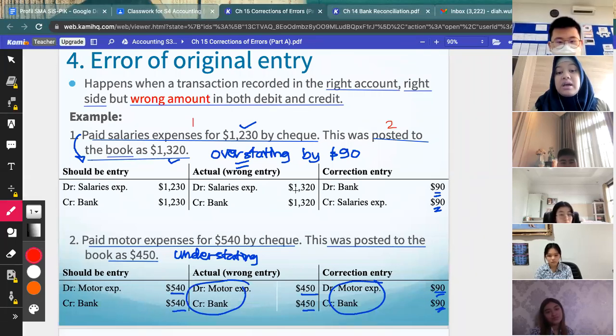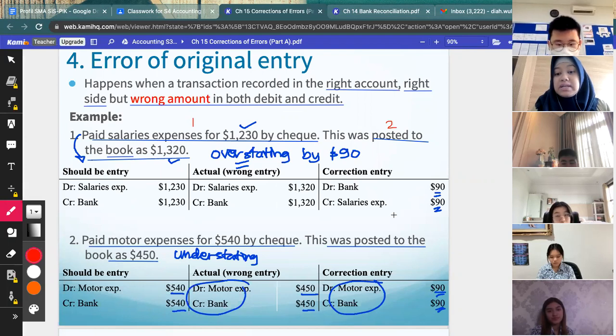By how much? How should we reduce 1320 until it becomes 1230? We have to reduce by $90, because it is overstated by 90.